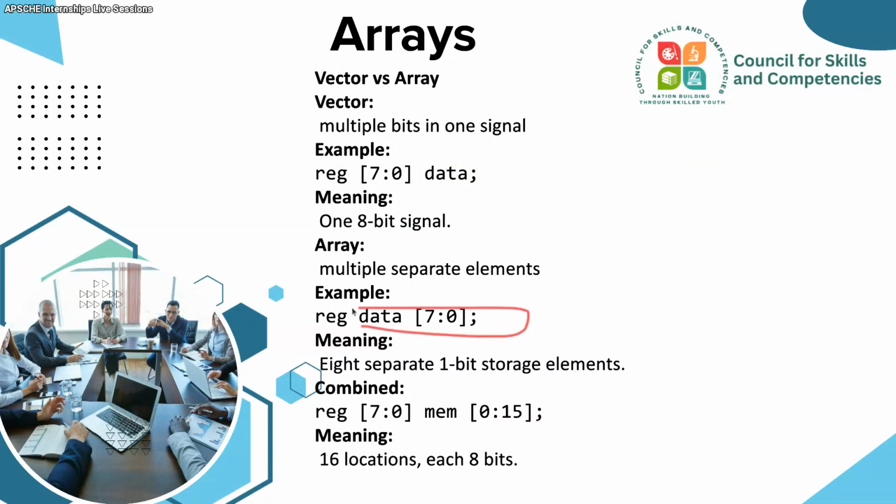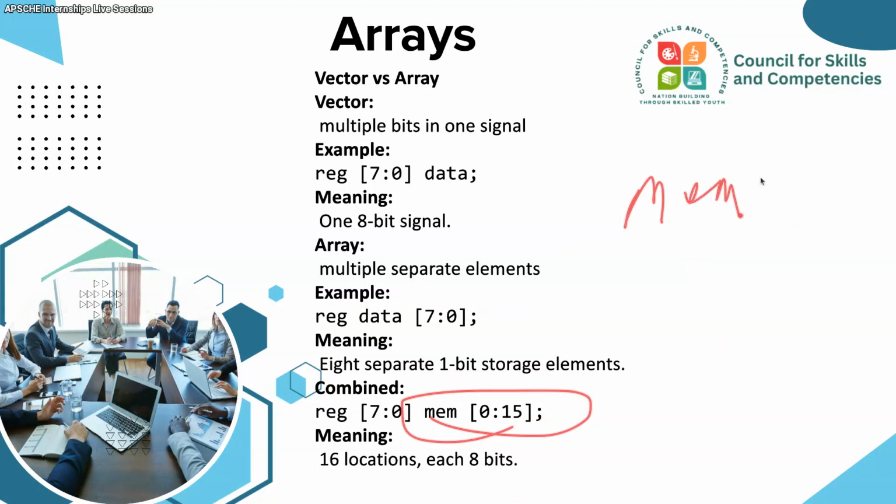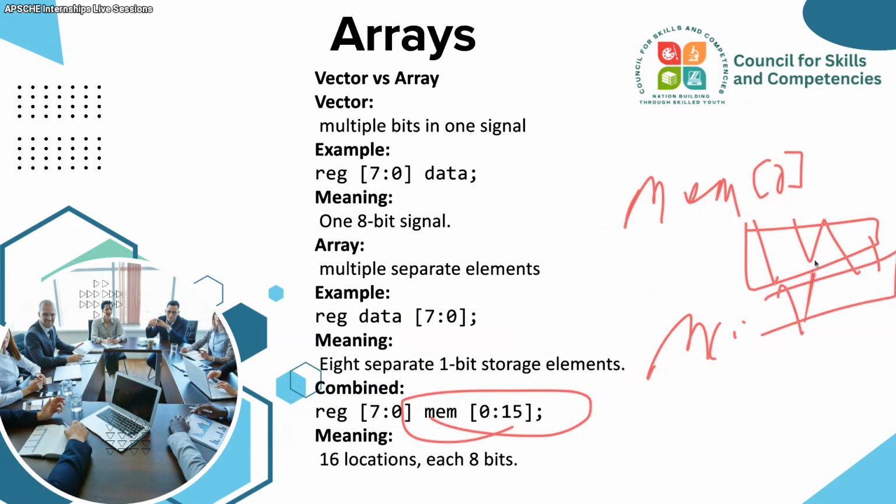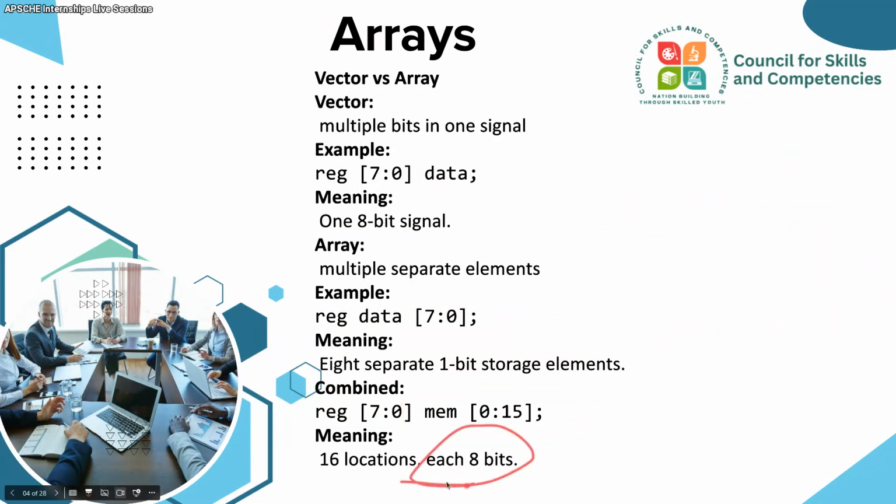Here it is separate: data of 0 is a separate signal and data of 1 is a separate signal. So these are separate signals. When we try to combine them, you can have a memory. In mem of 0 you have 8 bits, and mem of 1 you have 8 bits. So each has 8 bits.